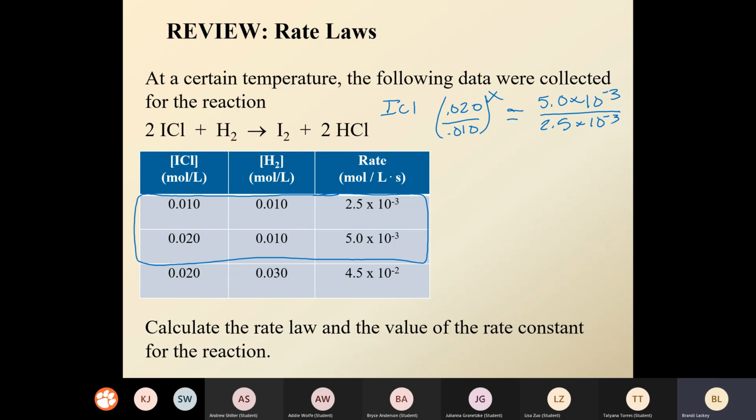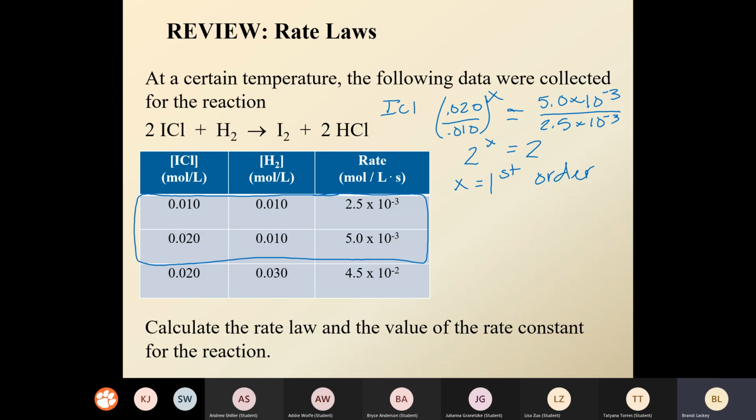When we do that, we get 2 to some power is equal to 2. So we know that 2 to the first power is going to be equal to 2. So x is 1, so that means that this is going to be first order whenever we're looking at the ICl. And you have to do that for every reactant that you have.